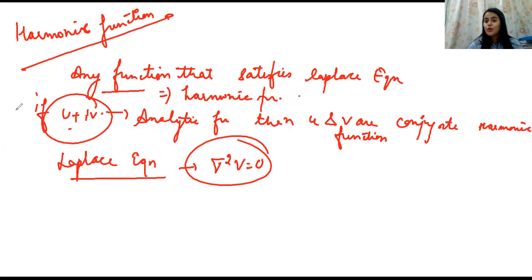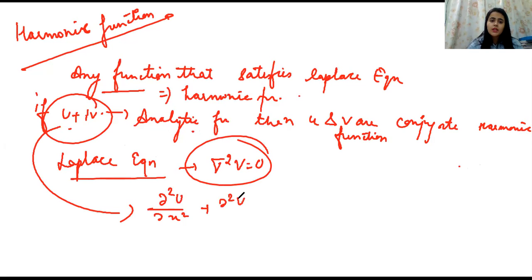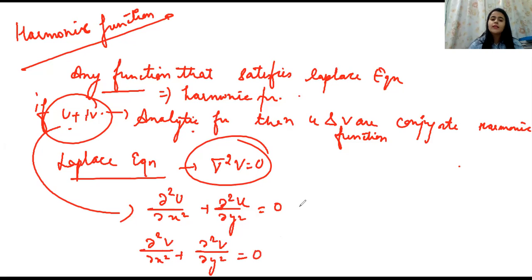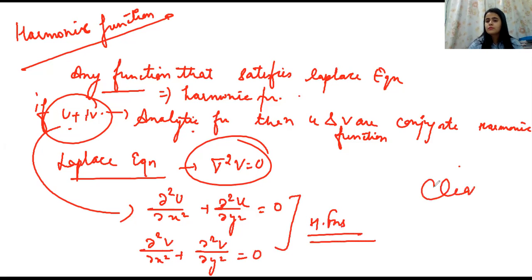Suppose you have the function u plus iota v, an analytic function, and u and v are conjugate harmonic functions, then it must satisfy the Laplace equation, which will be in the form del square u by del x square plus del square u by del y square equal to 0. Similarly, del square v by del x square plus del square v by del y square equal to 0. That is your harmonic functions. Clear?